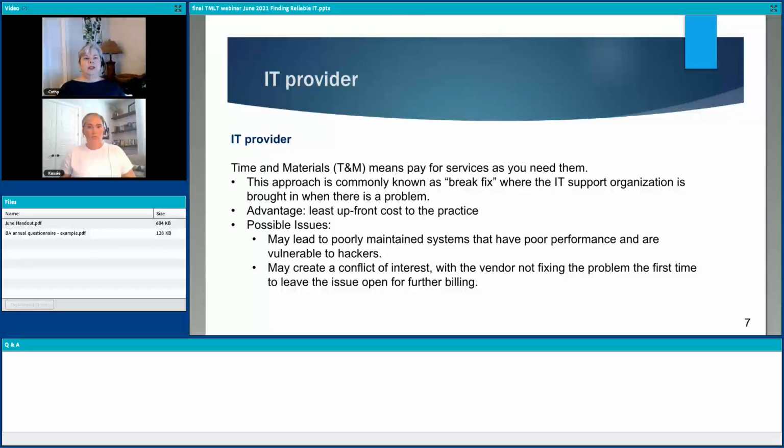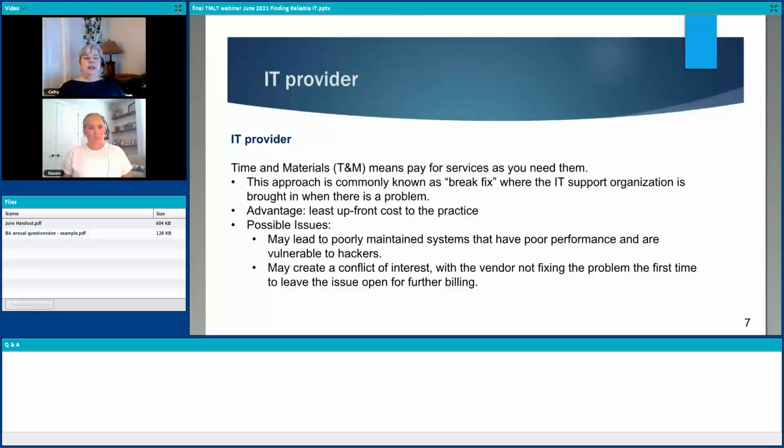However, there are some possible issues. The biggest is that no one, as an IT professional, is really responsible for maintaining the overall network and systems that you use on a daily basis because they're just coming in to fix something when it breaks.